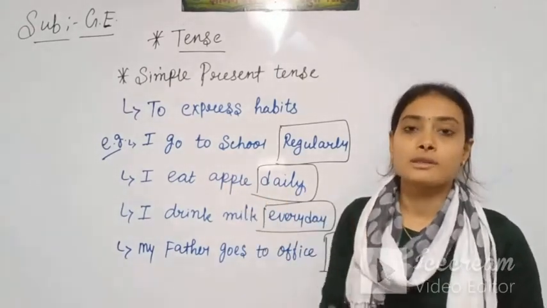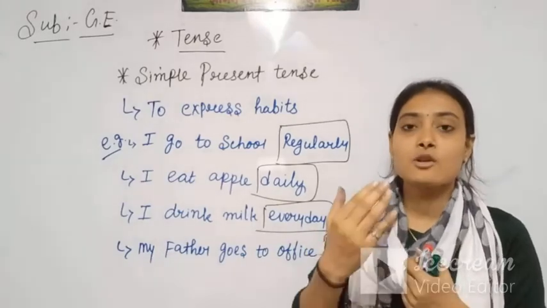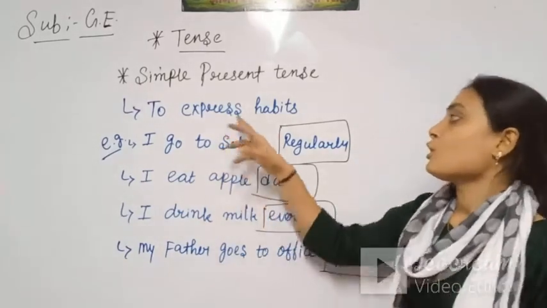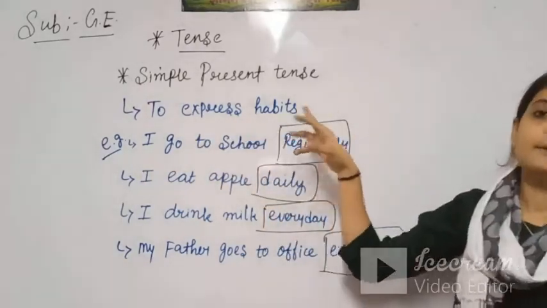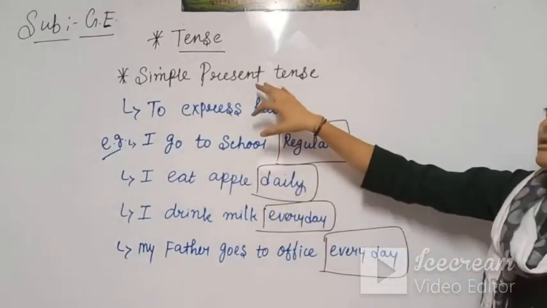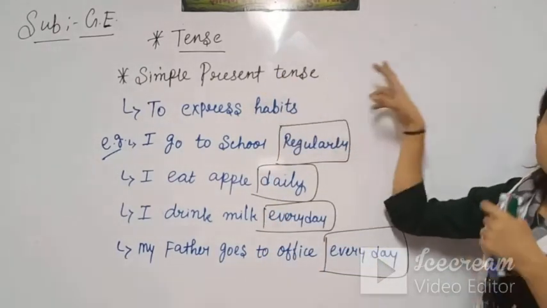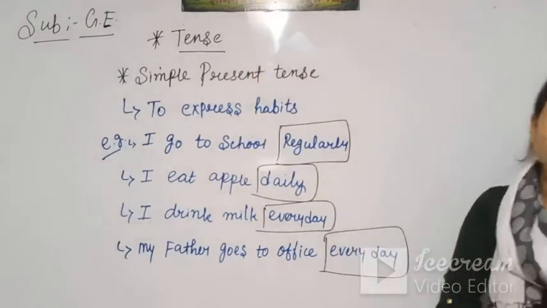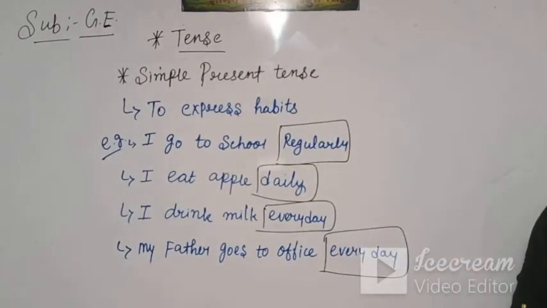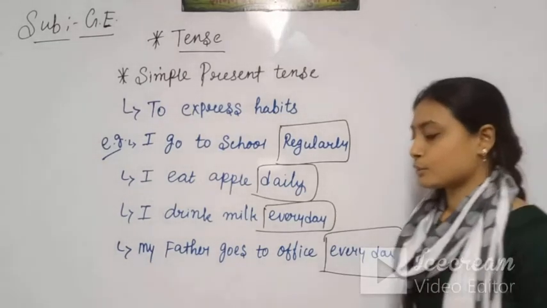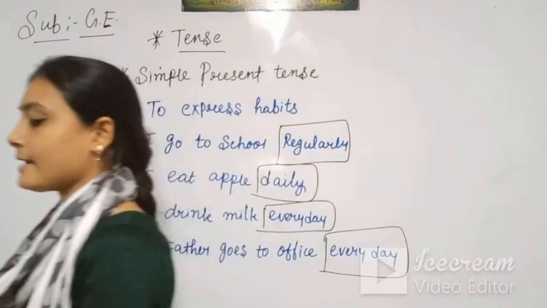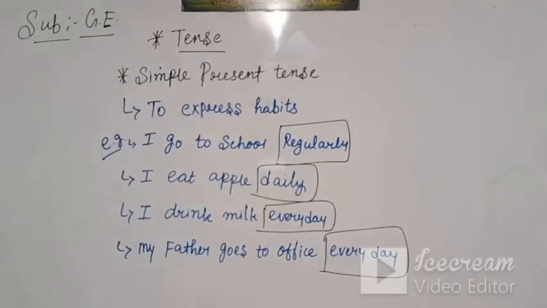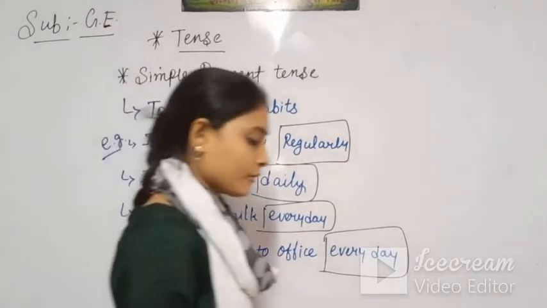So it shows our daily habits. We are going every day. So to express any habits, we use the simple present tense. Clear? It shows our habits and regular activities. Now moving further.